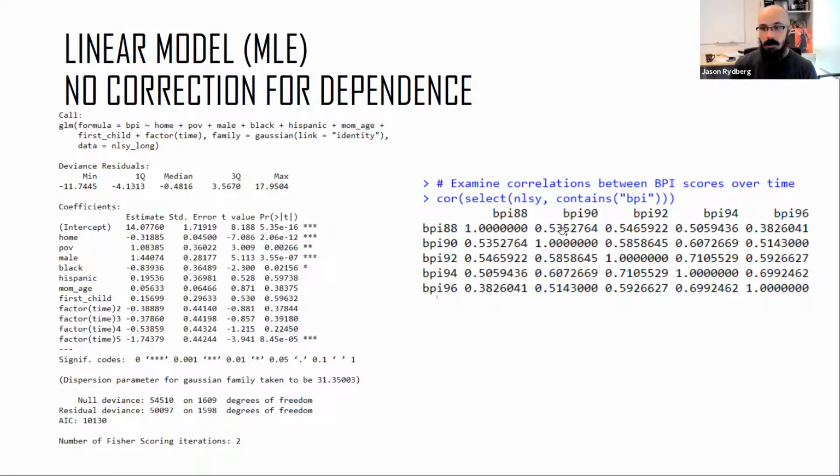What about the measure at time 2? How is that correlated with time 3, time 4, time 5, et cetera? We've provided no correction for this. OLS regression, or just maximum likelihood with no correction for dependence, assumes that all of these are equal to 0. I'm looking at it, and it certainly doesn't look like 0 to me.